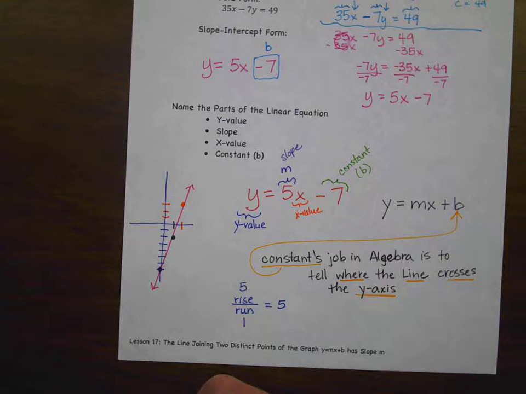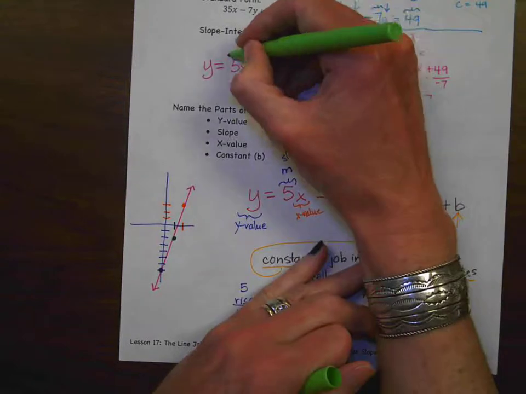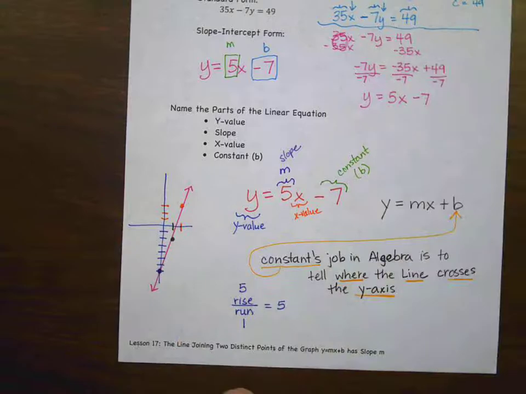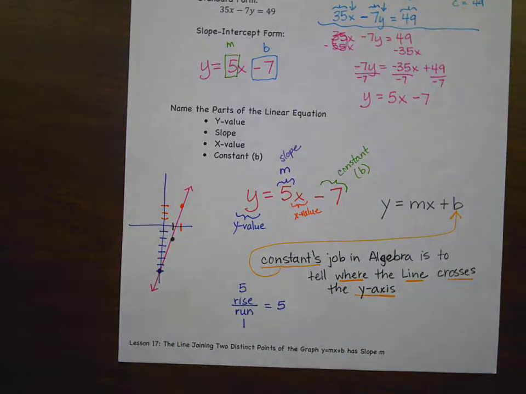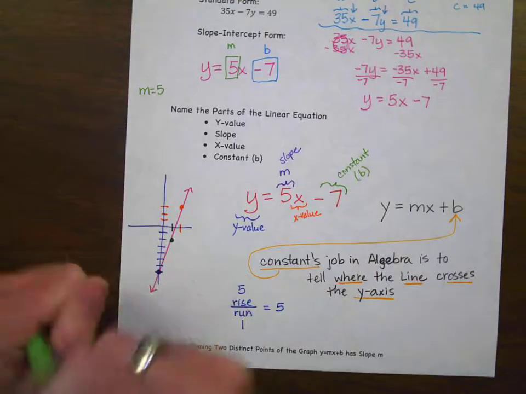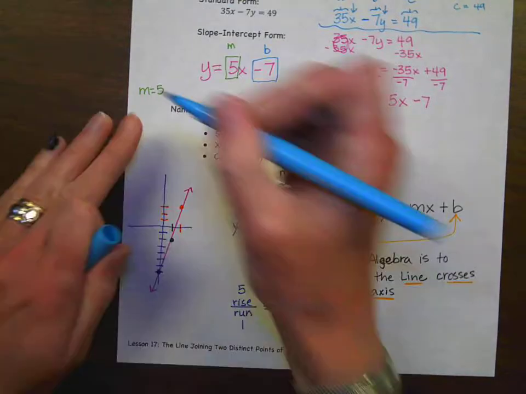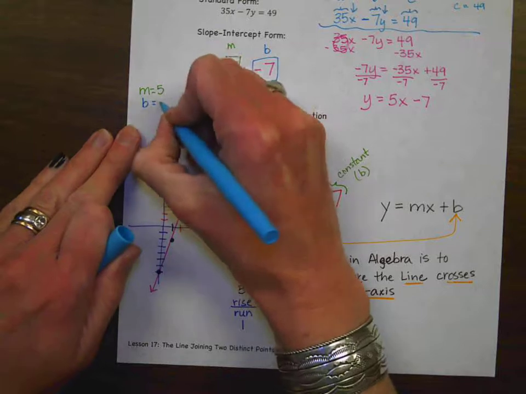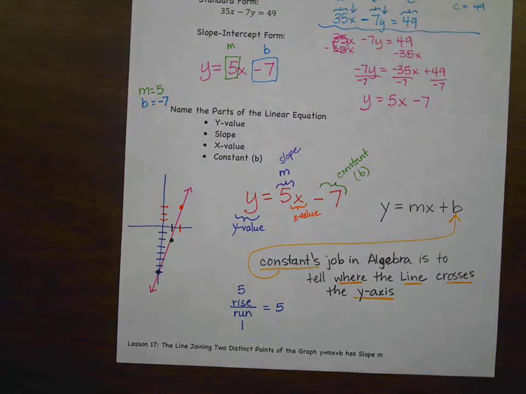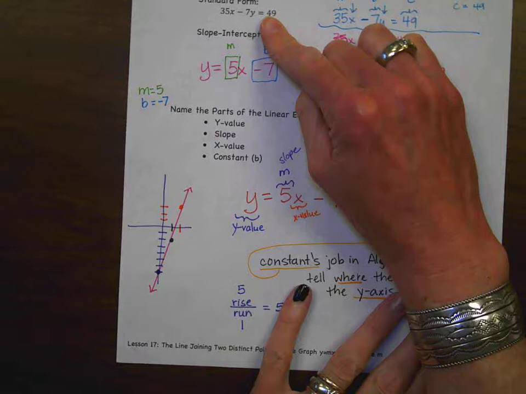And this guy, let's do this color because it'll stand out, because it's the M. Once you can figure out what the M and the B are, if you can list your M and you can list your B, then very, very easily you can graph that on any coordinate plane, okay? And so that's why identifying the parts is so important.